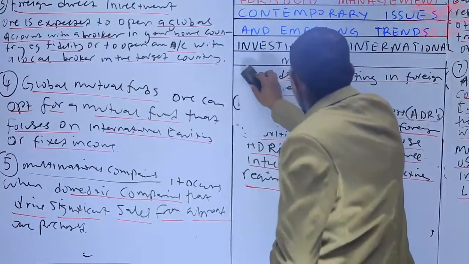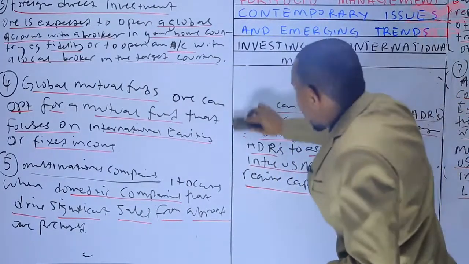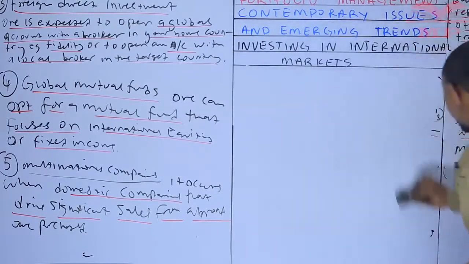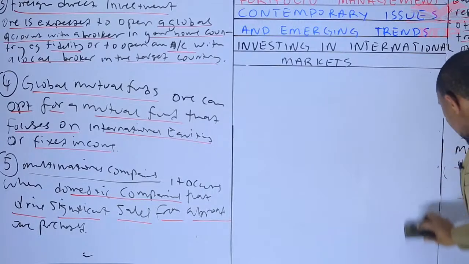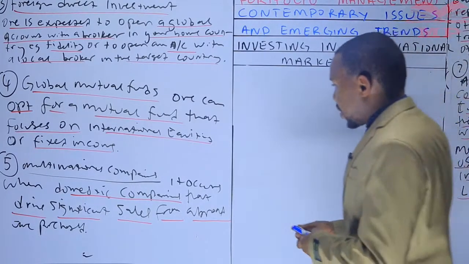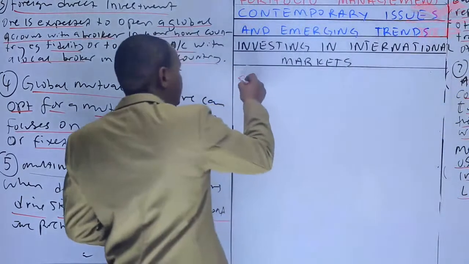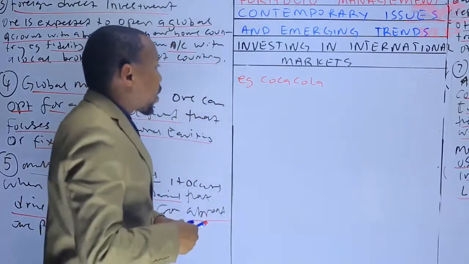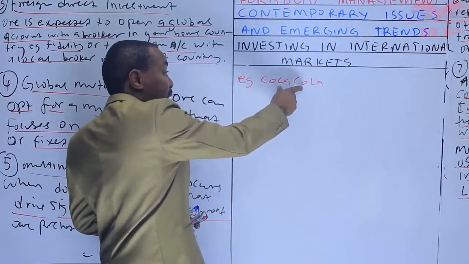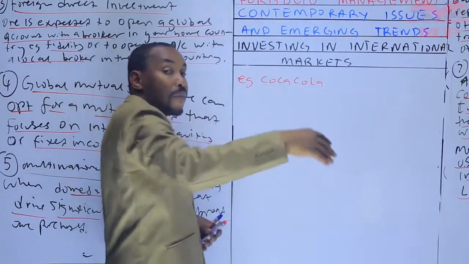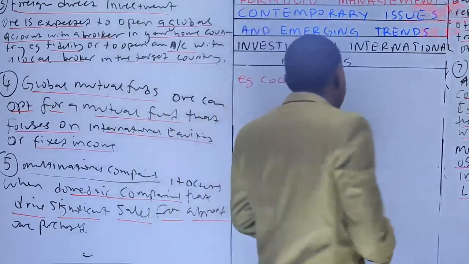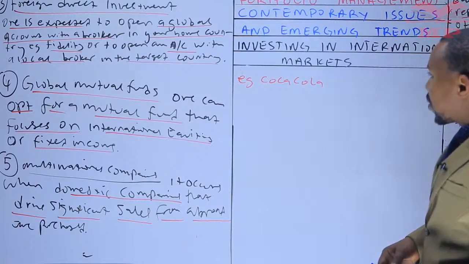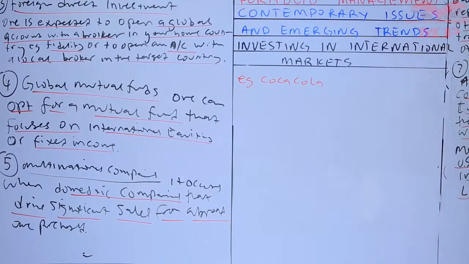Significant sales of Coca-Cola come, ladies and gentlemen, from customers who are abroad, outside the US. So Coca-Cola is an American company, but significant revenues come from outside the country. That's how you can participate in investing in international markets.